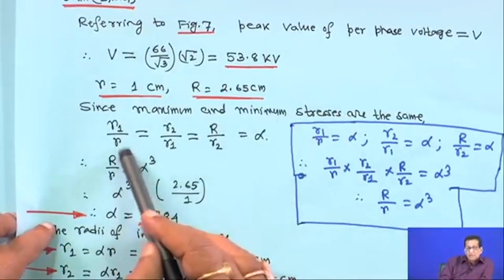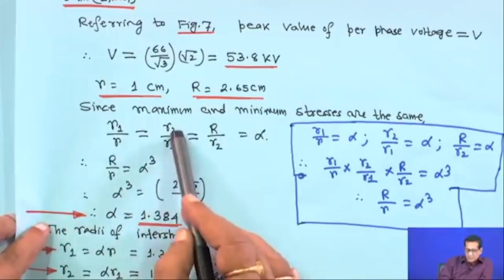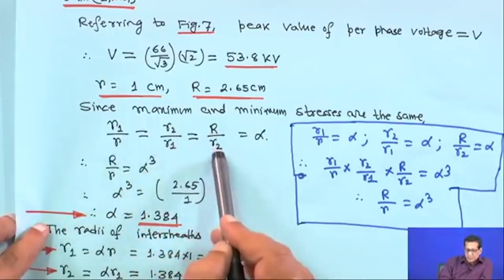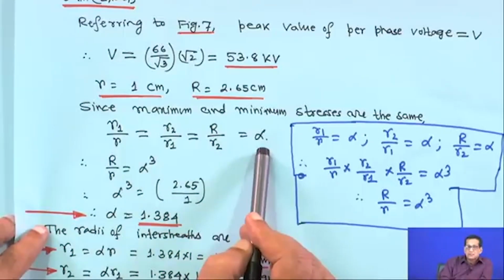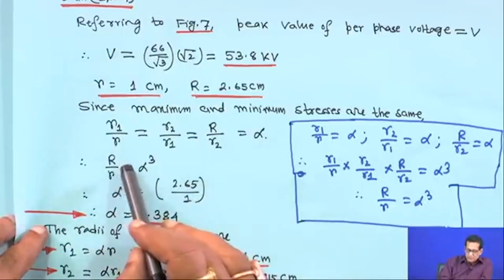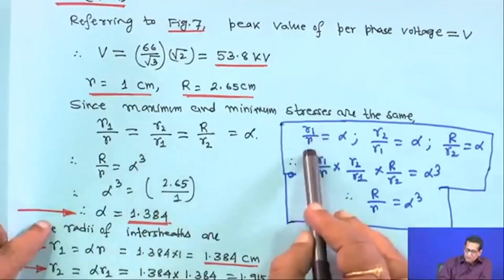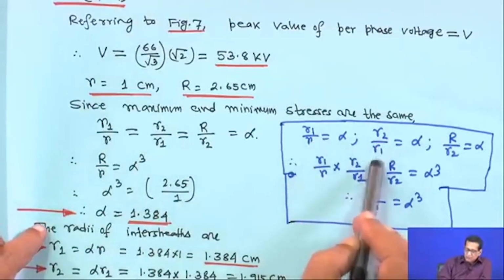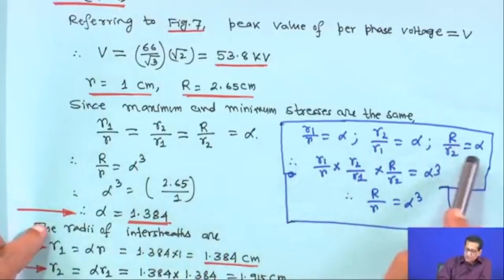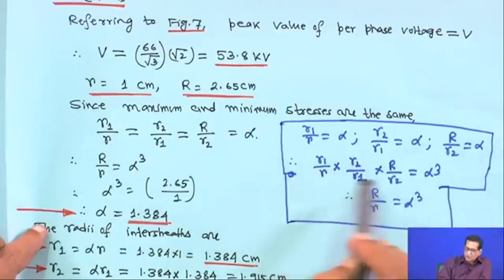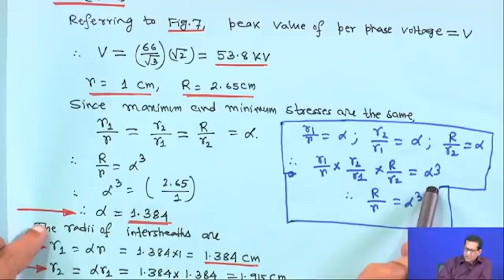Therefore, r1 upon r is equal to r2 upon r1 is equal to R upon r2 is equal to alpha. Then, therefore, capital R upon small r is equal to alpha cube. Why? Because r1 upon r is alpha, r2 upon r1 is also alpha, R upon r2 is also alpha. Multiply all: r1 upon r into r2 upon r1 into R upon r2 is equal to alpha cube.